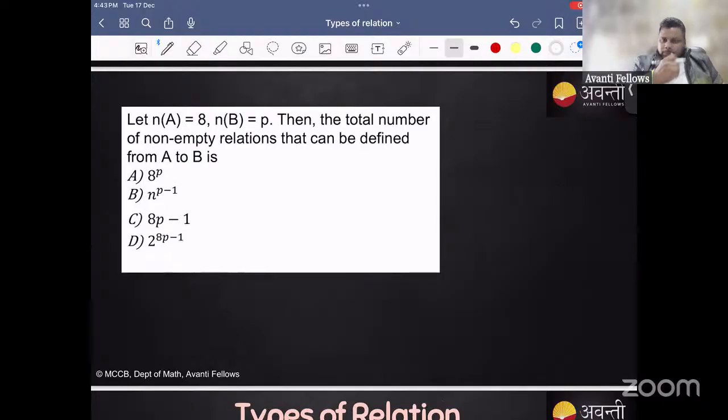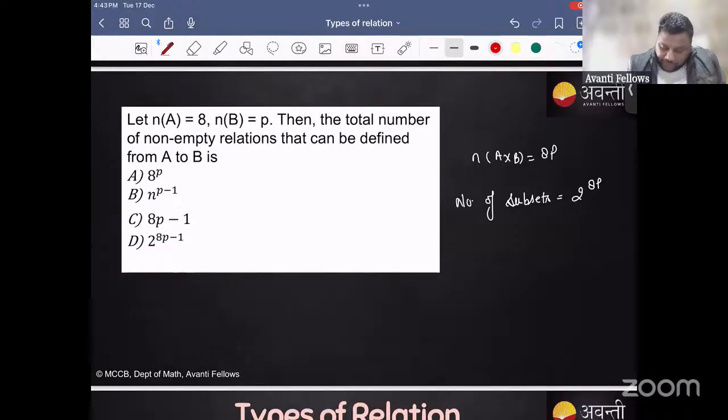Let me do a very simple question. Set A has 8 elements, B has p. So the total number of elements in A cross B is 8p. So the number of subsets will be 2 to the power 8p. So the total number of relations is also going to be 2 to the power 8p, but they're asking for non-empty relations.